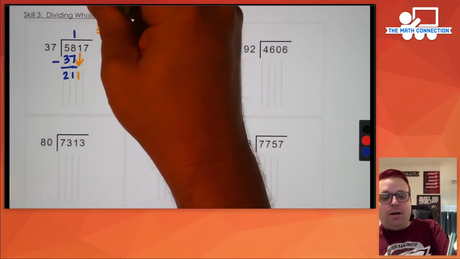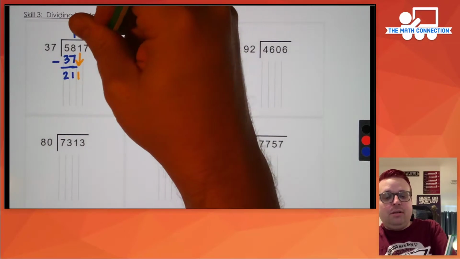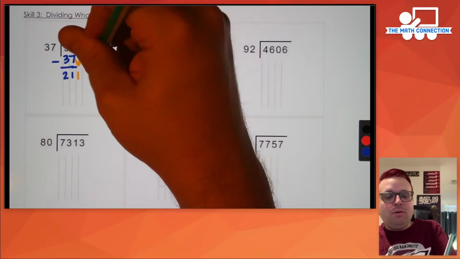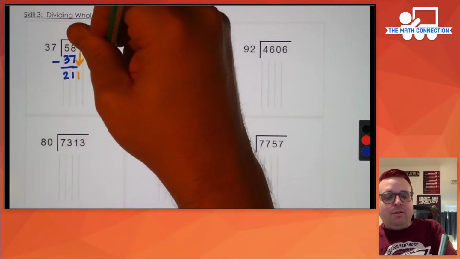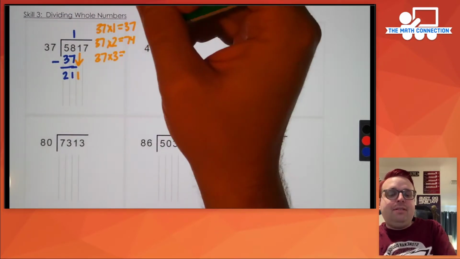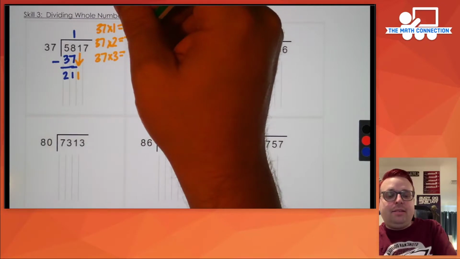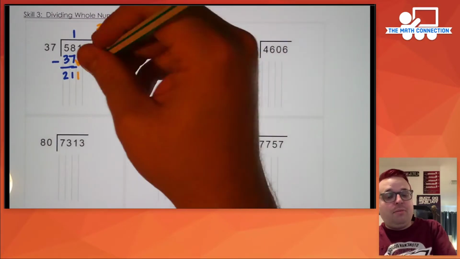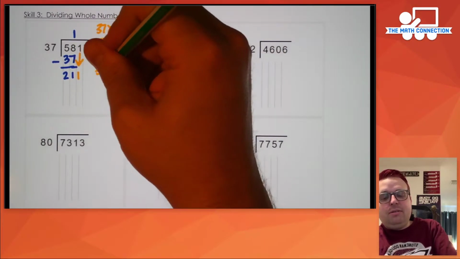37 times 1 is 37. 37 times 2 we figured out was 74. I'm going to add another 37 to that, and that's going to give me, let's see, 4 and 7 is 11, so that's 81, and 30 is 111. So I'm getting close. I need to keep going.